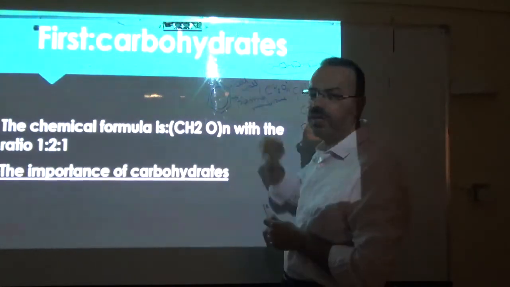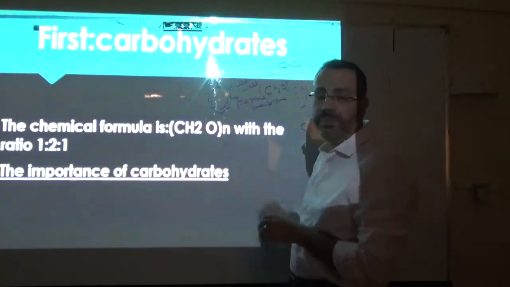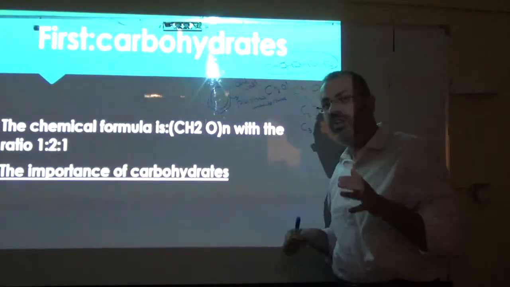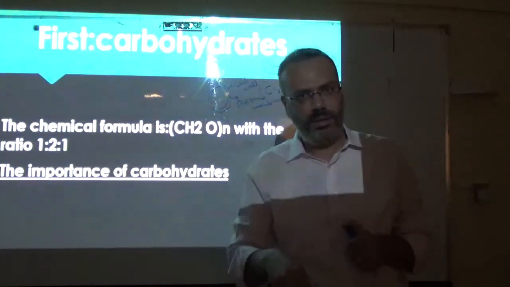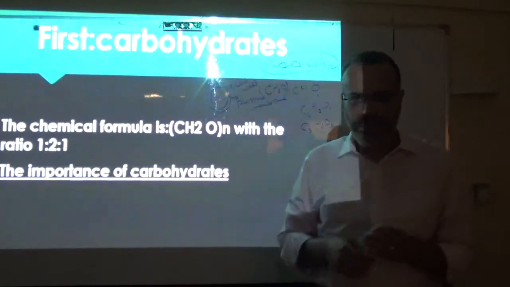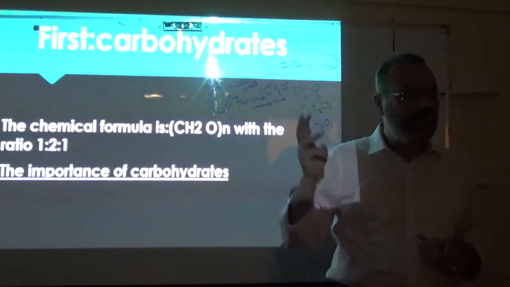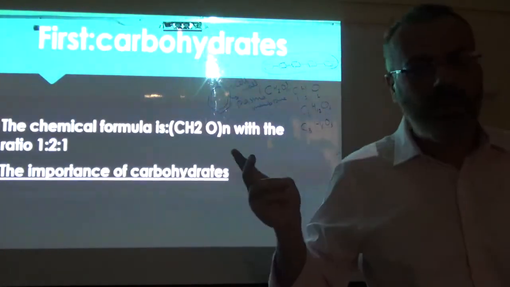The cell wall is made of cellulose, which is one of the carbohydrates. There is also a type of carbohydrate that enters in the composition of the plasma membrane.